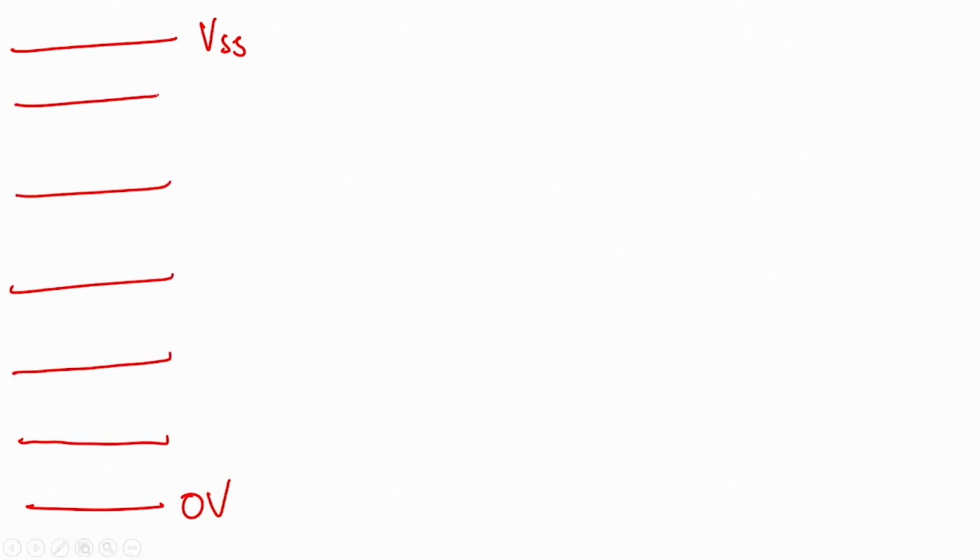So we have your VSS, 0 volt. We have understood that we will have to fix definite levels here, clear. Now we said there will be a certain number of digits, 001, 101, etc. And the number of places, or number of bits, I did not want to introduce the concept yet, but the number of bits in the digital representation of your analog level. So this is your analog level.